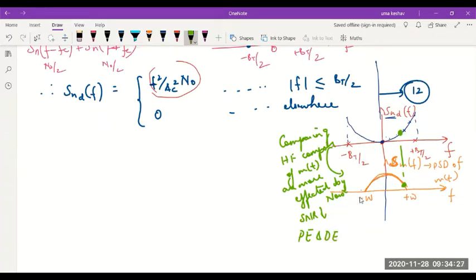To avoid this effect, I don't want high frequency components of the message being affected significantly by high frequency components of noise. In order to avoid this, we are going to include additional circuits called pre-emphasis and de-emphasis at the transmitter and receiver side correspondingly. Anyway, we'll come to this a little later.